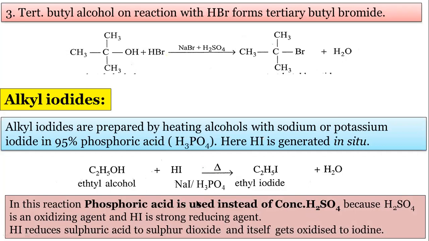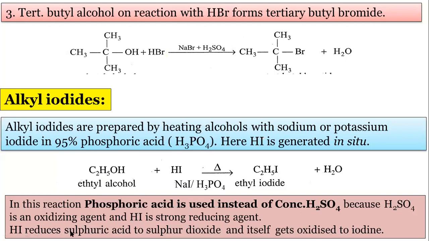H3PO4 is used instead of concentrated H2SO4 because concentrated H2SO4 is an oxidizing agent and HI is a strong reducing agent. HI reduces sulfuric acid to sulfur dioxide and itself gets oxidized to iodine.